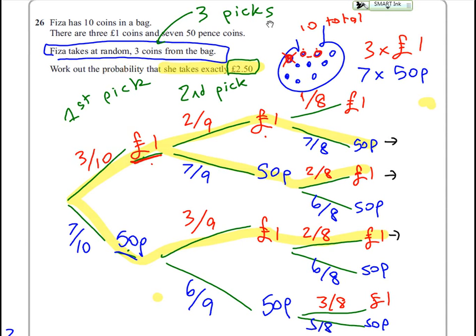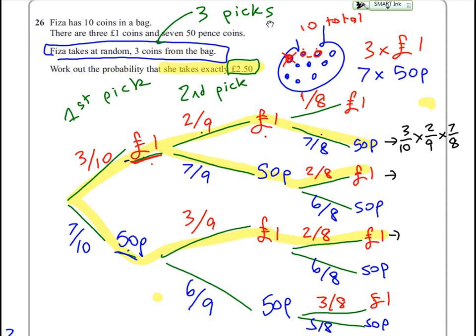The highlighted paths. You times across the rows of a tree diagram and you add down at the end. So we want £1, 3 over 10 and 2 over 9 and 7 over 8. 3 over 10 times 2 over 9 times 7 over 8.